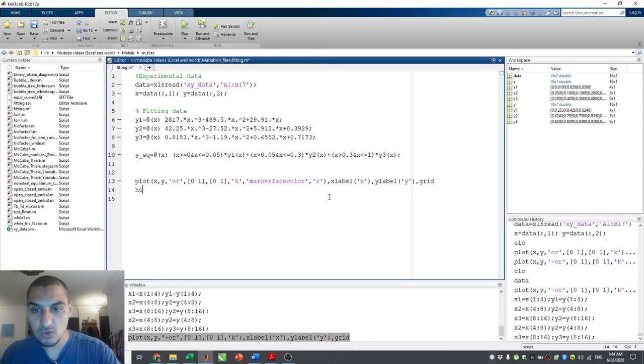And then I would hold the plot and then fplot y equation from 0 to 1, and we'll make it black.